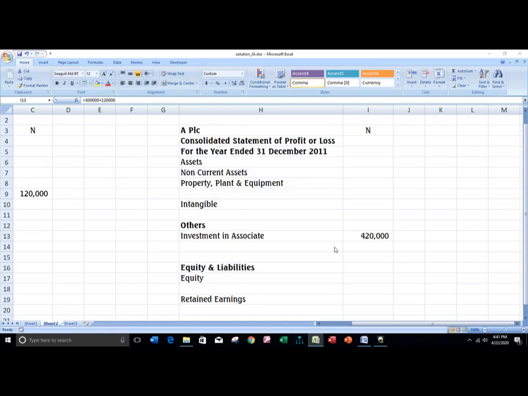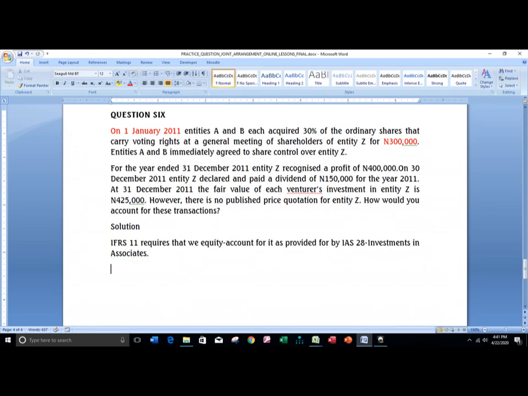So what that means is there is no evidence that the investment in associate, in entity Z, is impaired. So there is no need for impairment.